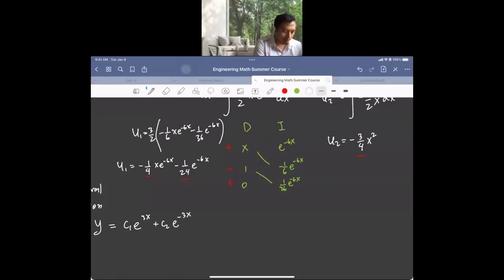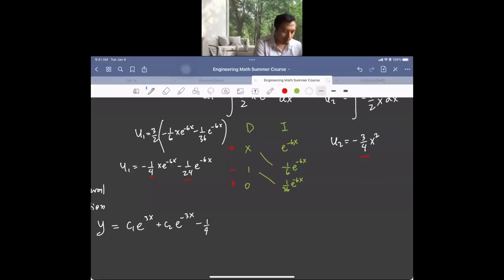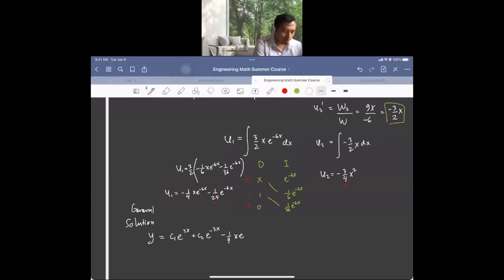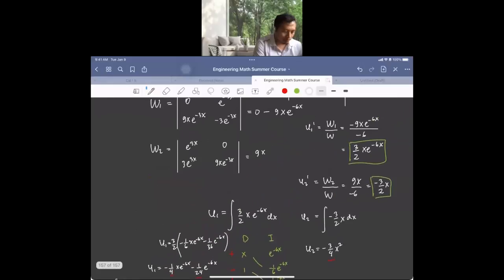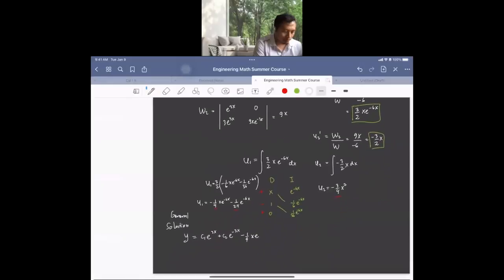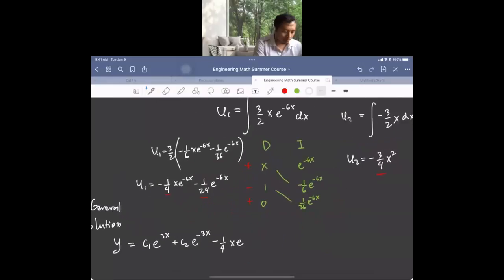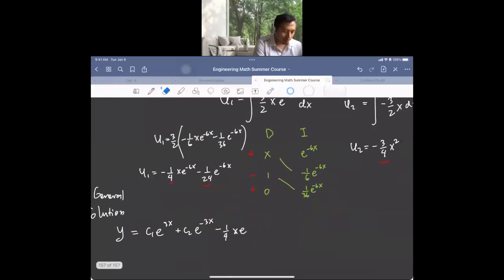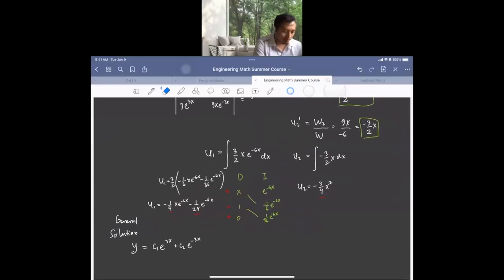Since we have 1 over 4, 1 over 24, 3 over 4, I will factor out negative 1 over 4 x e. Oh, wait. I think we have, oh, right. This is u1. Yeah, we need to.